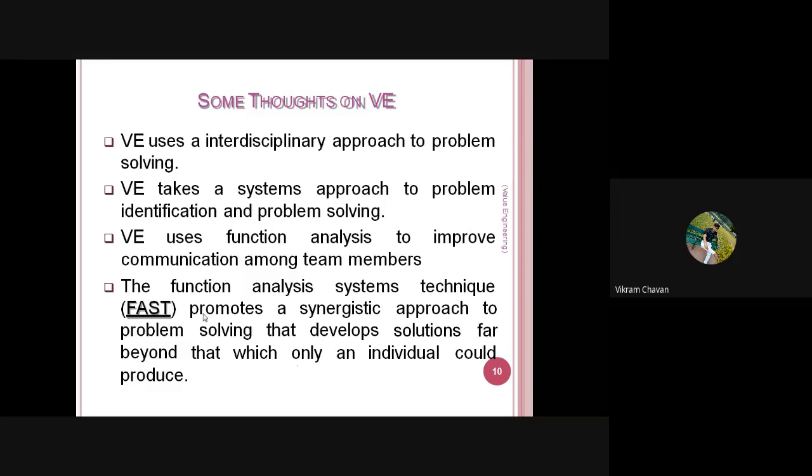Okay, so full stop. Chapter number 7 ends here. From tomorrow we will start chapter number 8. If you have any question about this chapter, you can ask. Is there any question, any doubt?